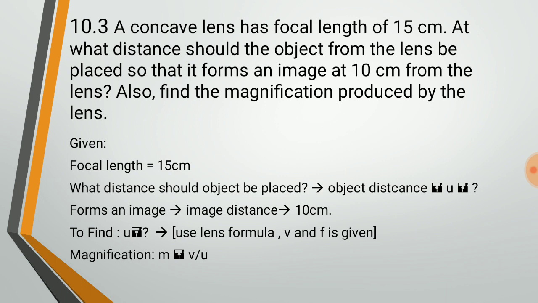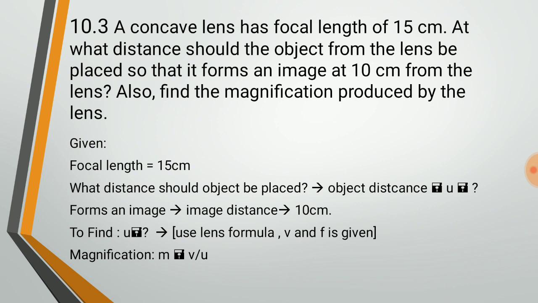But what is given? It forms an image at 10 centimeter from the lens. So they have given the image distance, that is 10 centimeter. To find u, you have to use the lens formula with v and f. Make sure that you are using the sign convention correctly, because u here will also be negative and v here will also be negative, because both will be kept at the left hand side of the lens.